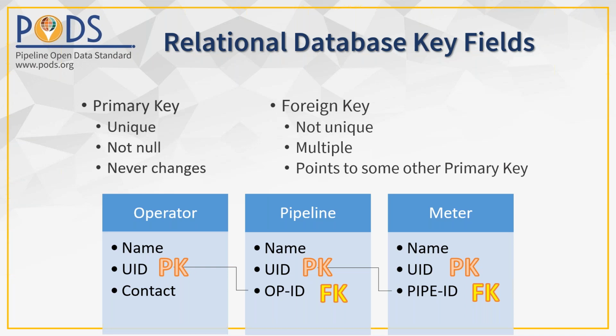Oftentimes you may have seen this in your data as something like a UID or a GUID. This is a unique identifier, and it's super important because it is truly unique, and it's never blank, never null, never has a zero in it, and it never changes no matter what types of edits are done to that particular record or data. It never loses its ID. It's ID'd for life.